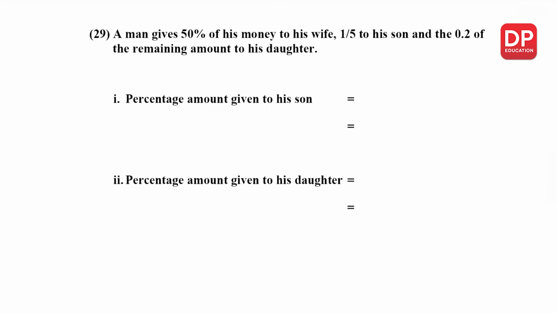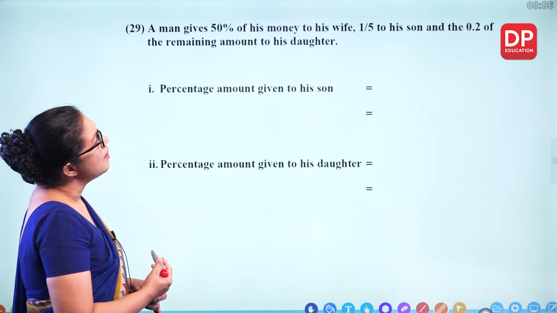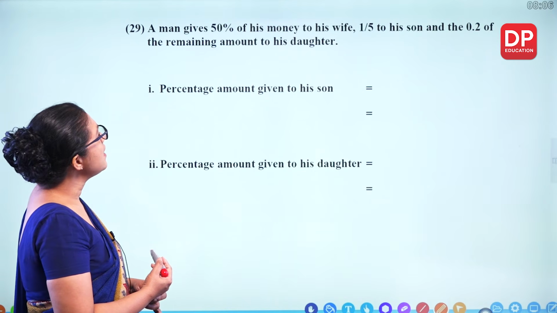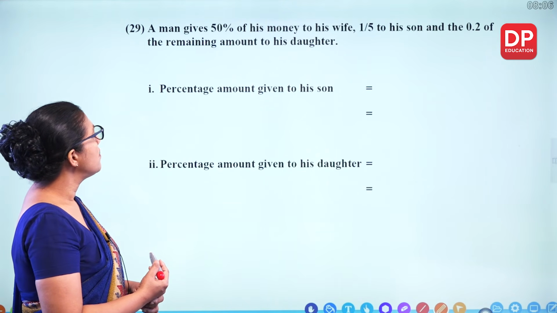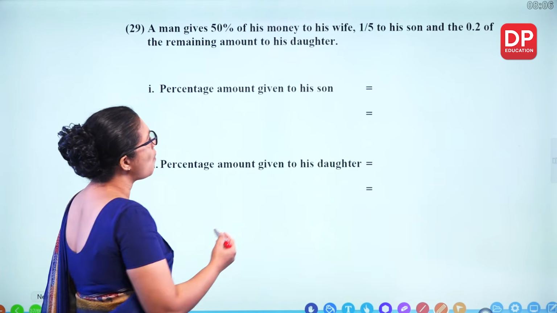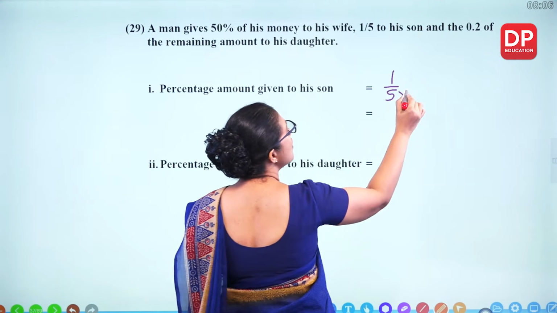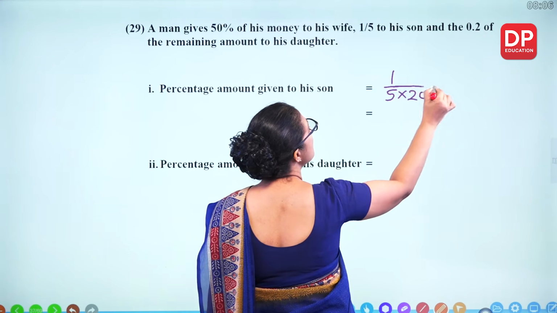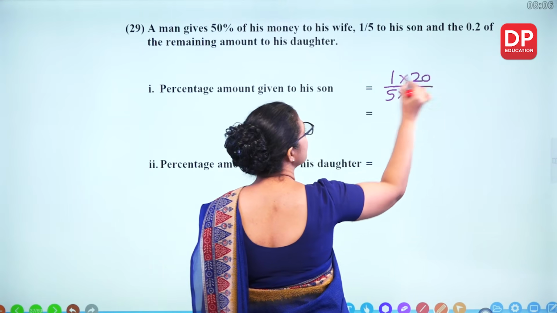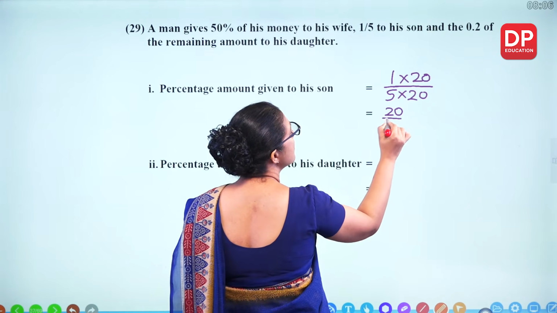A man gives 50% of his money to his wife, 1/5 to his son and 0.2 of the remaining amount to his daughter. Percentage amount given to his son. The fraction is 1/5. How do you convert it to a percentage? Multiply the denominator by 20. You do the same thing in the numerator. So 20 over 100.